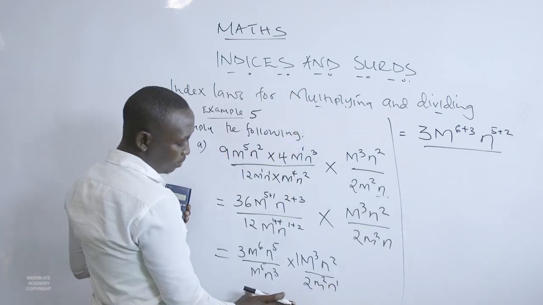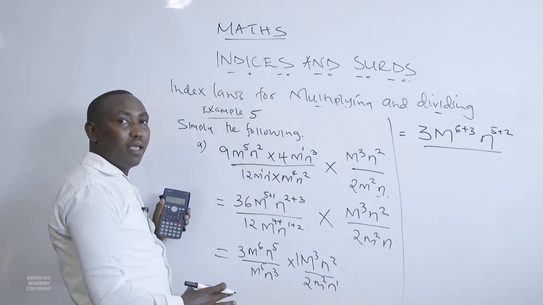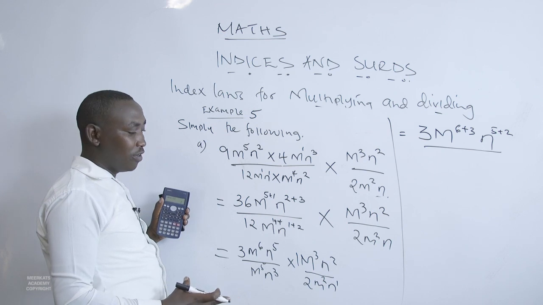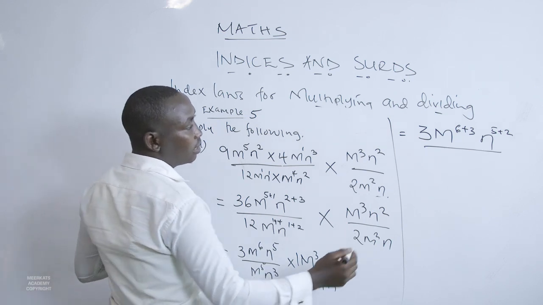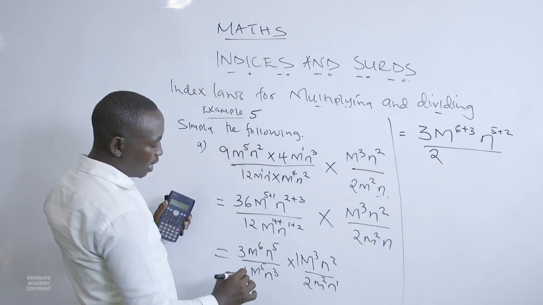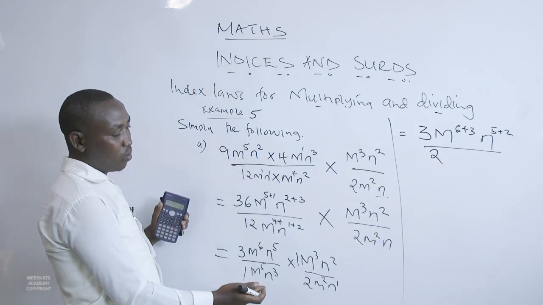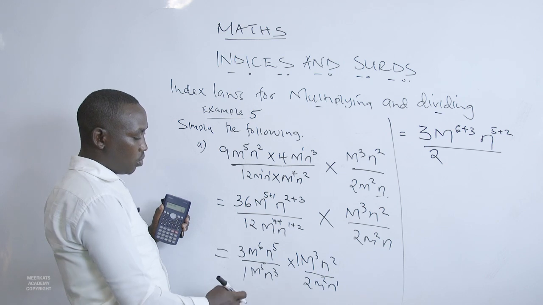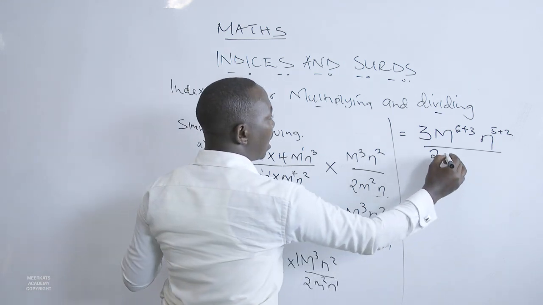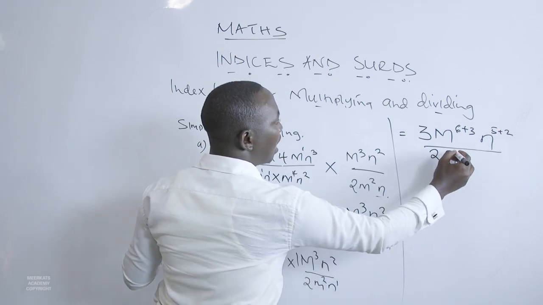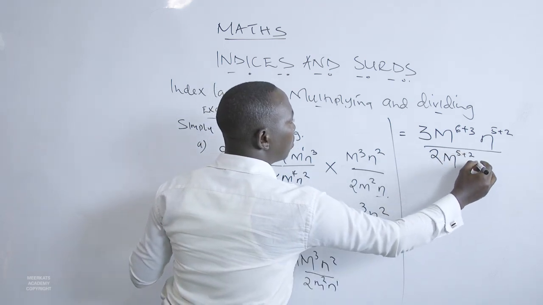Over, now again we multiply using the multiplicative law, the denominator. We only have m and n, and the coefficient of the first part is 1. So 1 times 2 is 2. Then m raised to 5, m raised to 2, we are going to add the powers. That will be 5 plus 2.